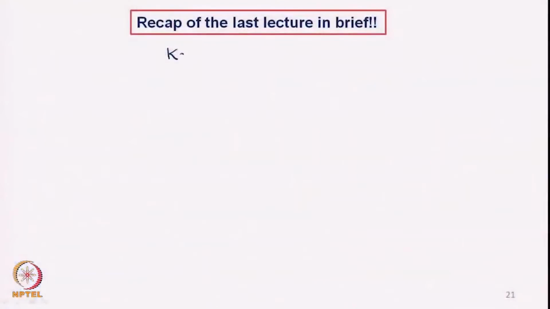We will briefly look at what we did last time and then proceed further for the other aspects of asymmetric reactions. So last time what we discussed was Katsuki-Jacobson epoxidation and the mechanistic aspects of it towards the end, followed by an introduction to the dihydroxylation of olefins.